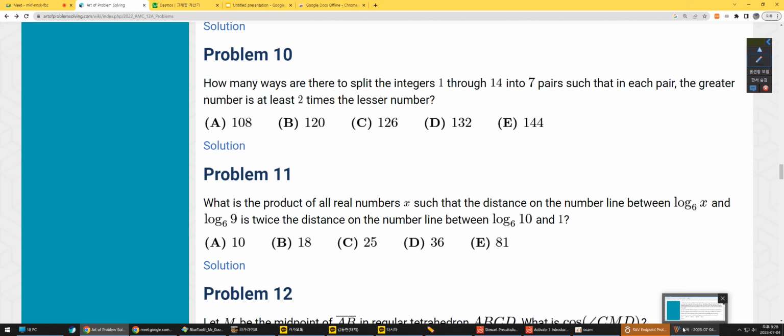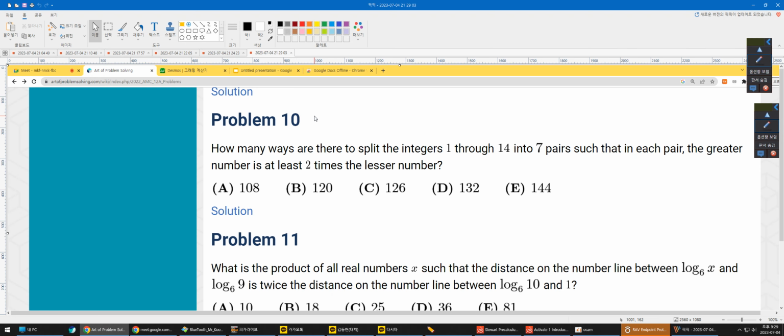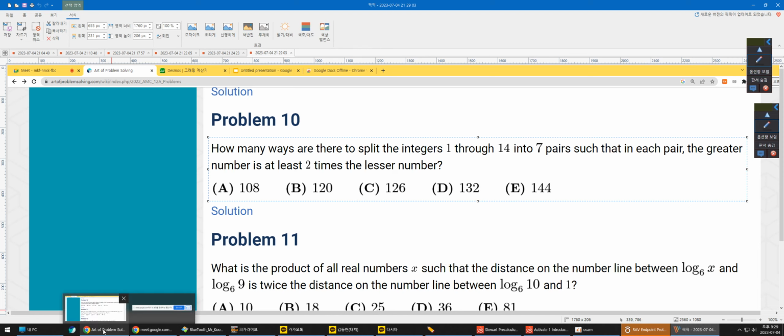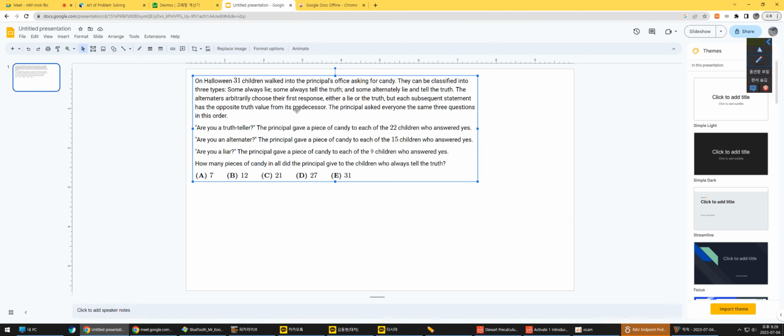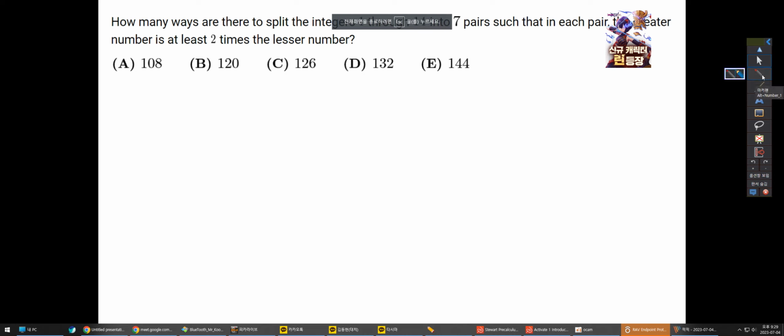For number 10, we can divide 1 through 14 into two groups.